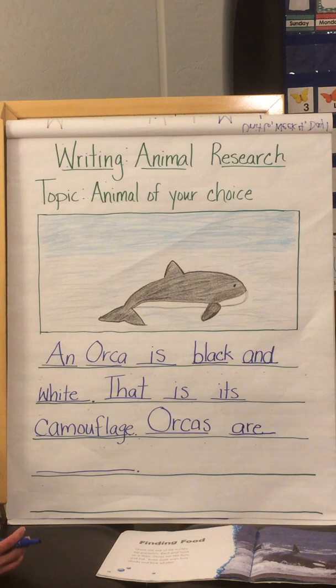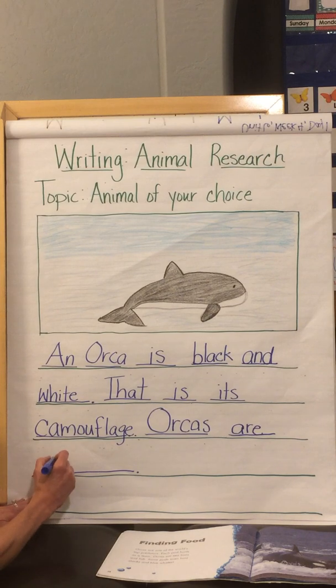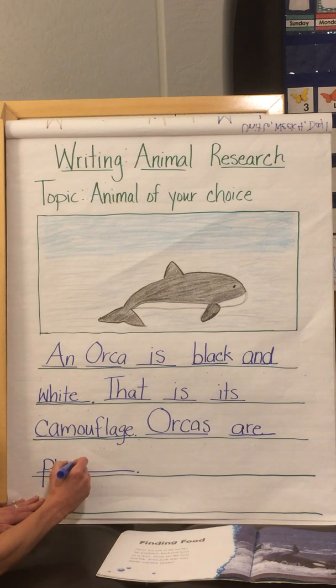Orcas are predators. Now this one might be kind of hard, but we can sound it out. I'm going to sound it out. I hear a blend at the beginning. Purr, predators, purr. So we've been doing our special book every day. We can break up that blend. What says purr? P-R. Purr. D. Pred.